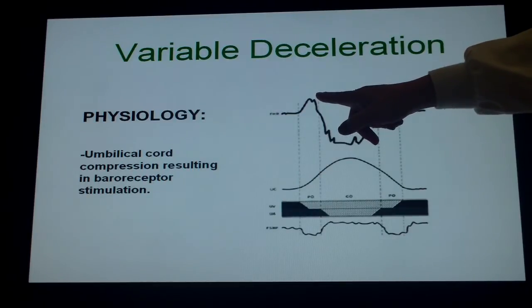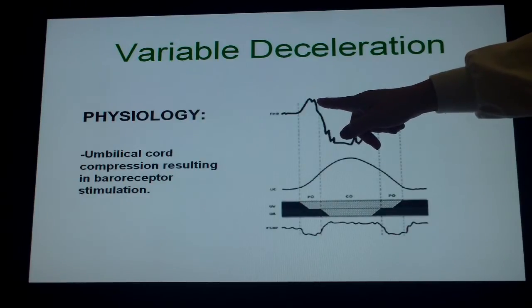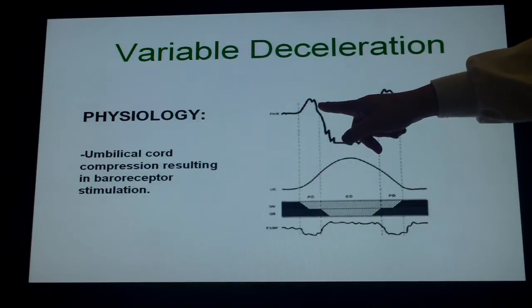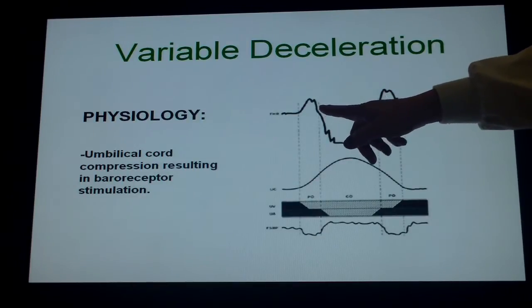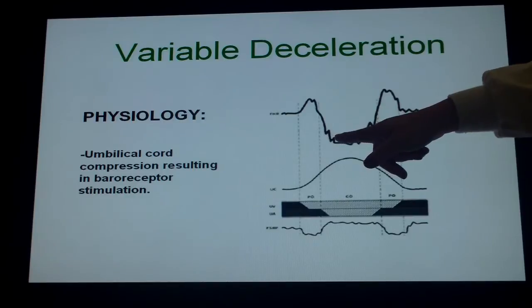And then as they're pumping more, that's like pumping against a closed door or a closed valve, and the babies are pretty smart. So they say, oh my gosh, this is really hard on my vascular system. So it causes some baroreceptor stimulation, and the heart rate goes down.